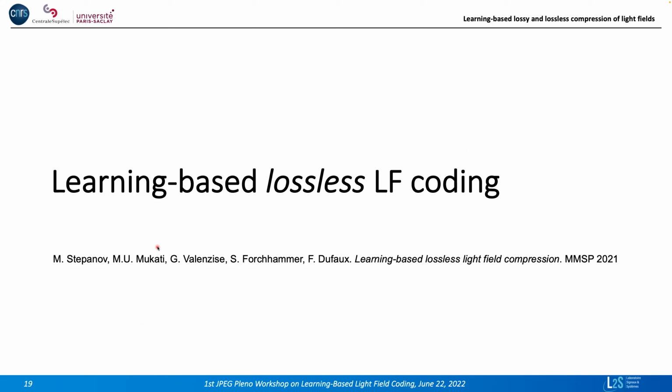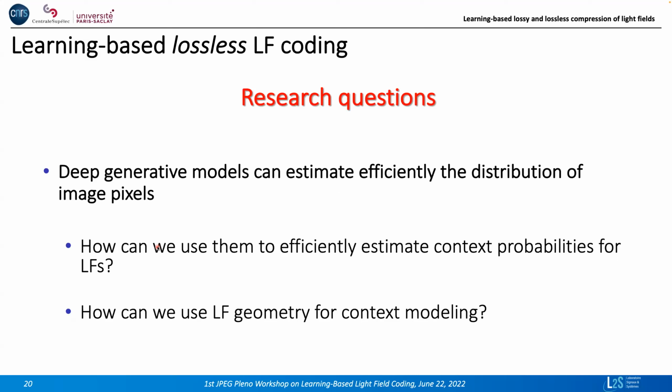For the second part of this presentation, the lossless coding, this is work we presented in the last MMSP. Here the starting point is the great success that deep generative models have had for image generation, but also for image coding, in particular due to the fact that these models can efficiently estimate the distribution of image pixels.